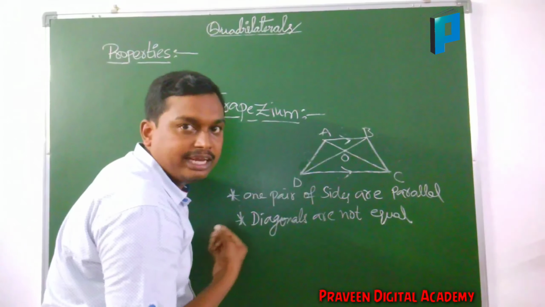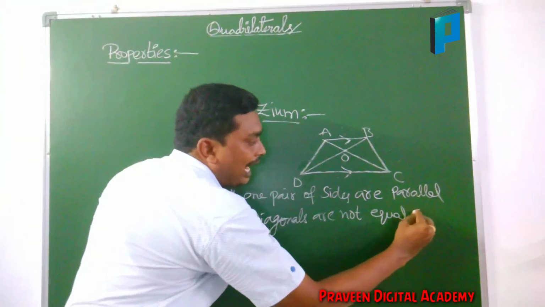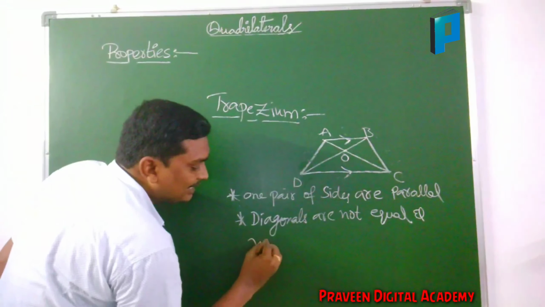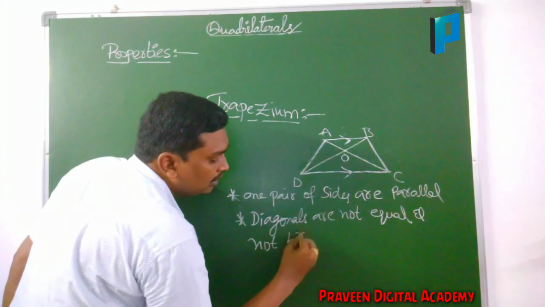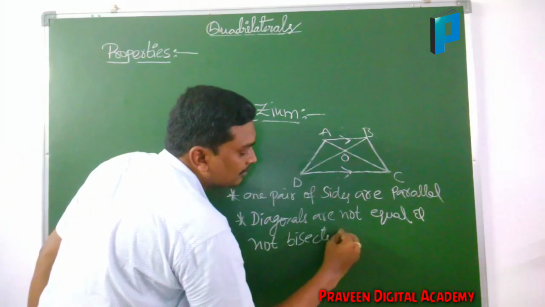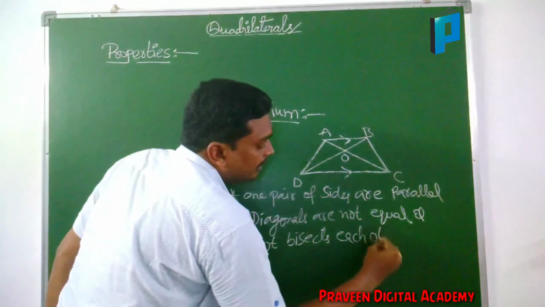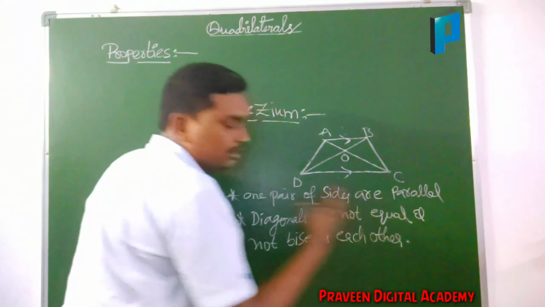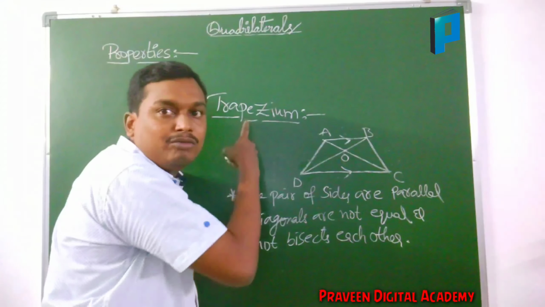Diagonals are not equal in a trapezium and do not bisect each other. These are the properties of trapezium.